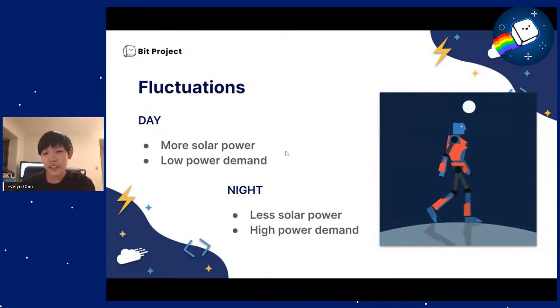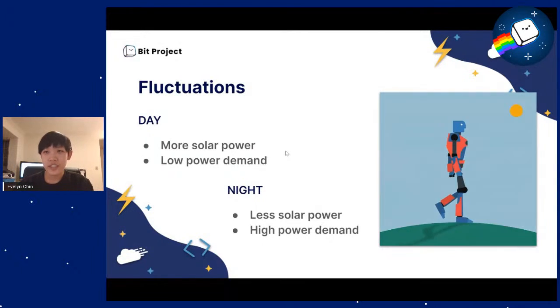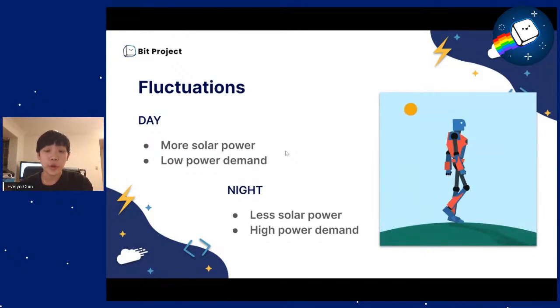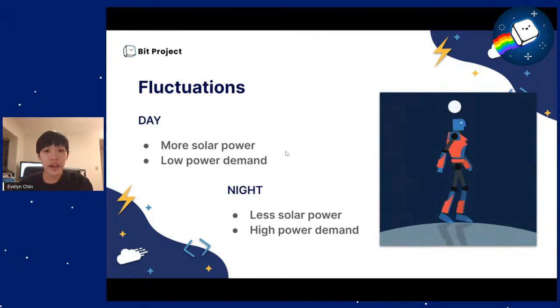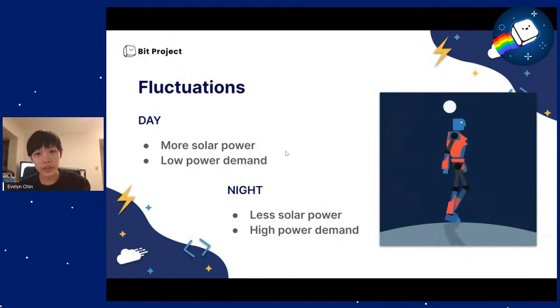And then at night, it flips, right? We have no solar power because the moon's out or something, not the sun. And families are coming home. Students are coming home from school, parents are coming home from work. And this is when power demand soars. And now we are seeing an undergeneration where there's not enough power to meet the demand that's happening.